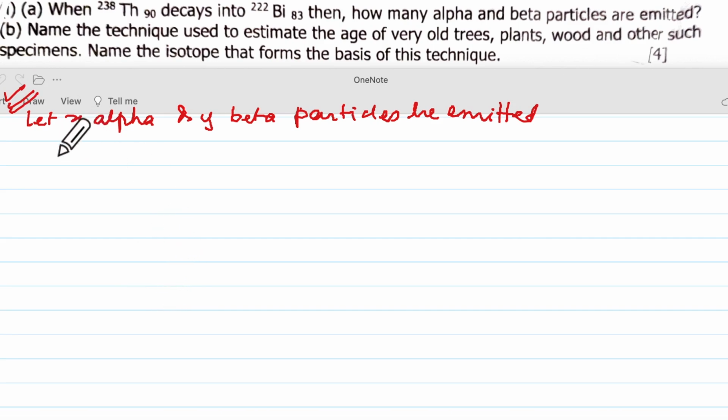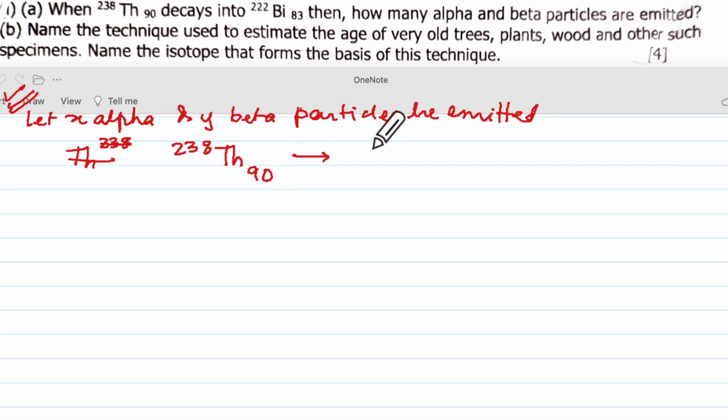Okay, so your reaction will be here. This is thorium and it is thorium 238, and what is this number? 90. Oh sorry, it is written 238 thorium and here 90.